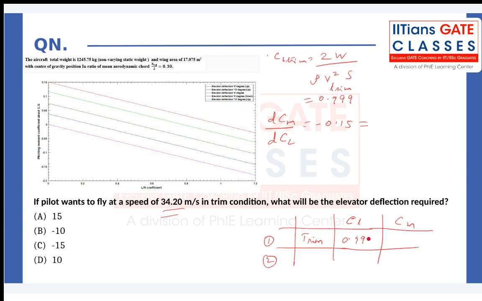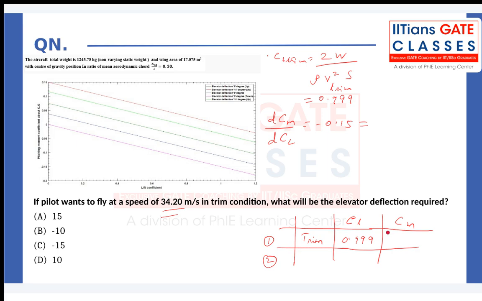And at trim, what will CM be? At trim, what is the value of CM? Zero, correct. So you write zero there.